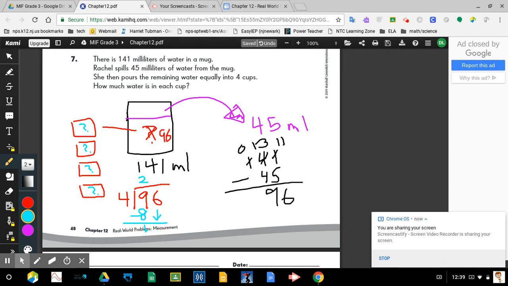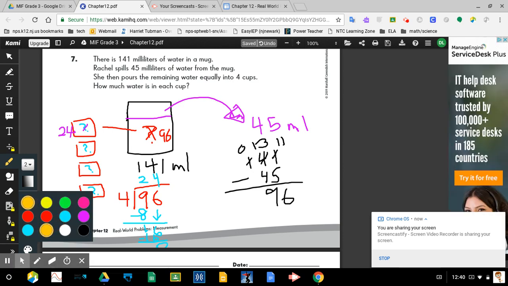Drop down the 6, 16. 16 divided by 4 is 4, which is 16, which means I have nothing left over. So I know I have 24 in each cup. So it says how much water is in each cup. I know my answer there is 24 milliliters. All right, and that's page 48.